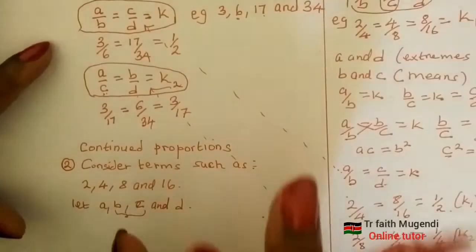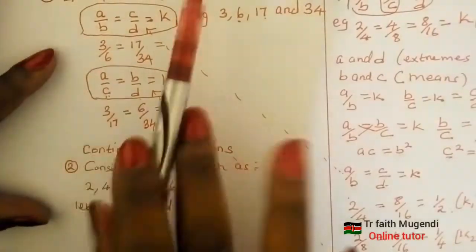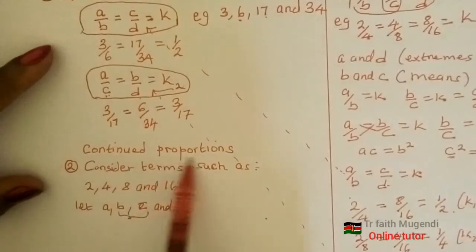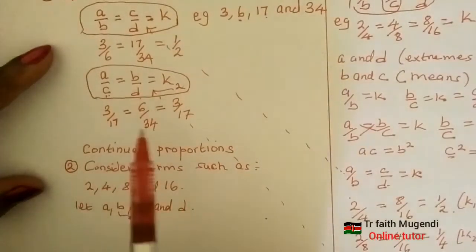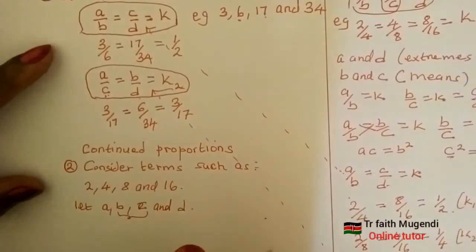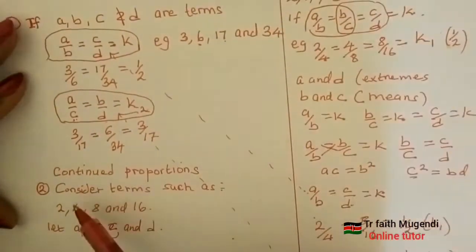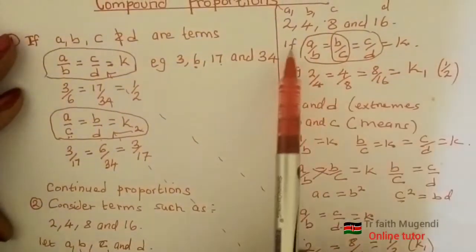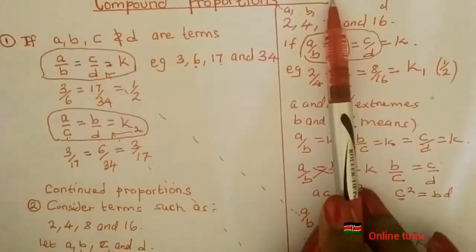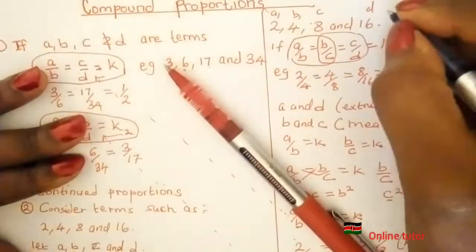Now, in case you may be asking yourself, how can I differentiate between compound proportion and continued proportion? The difference between the two, because we have seen they have commonality, is that a continued proportion forms a geometric sequence, or it is a geometric progression.